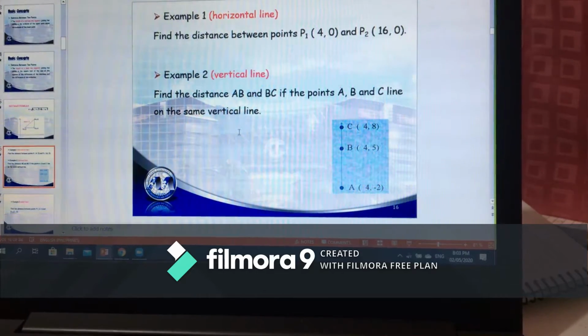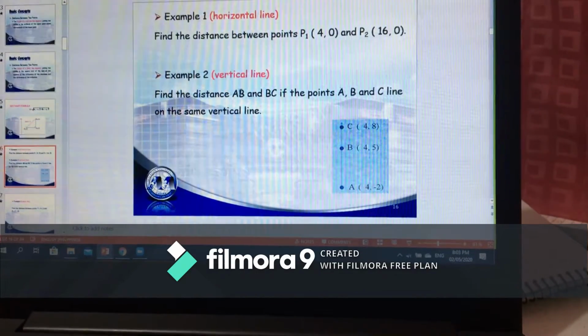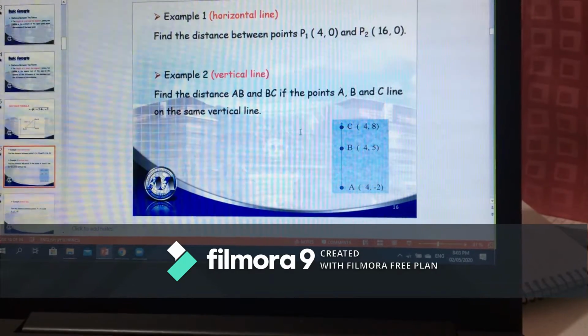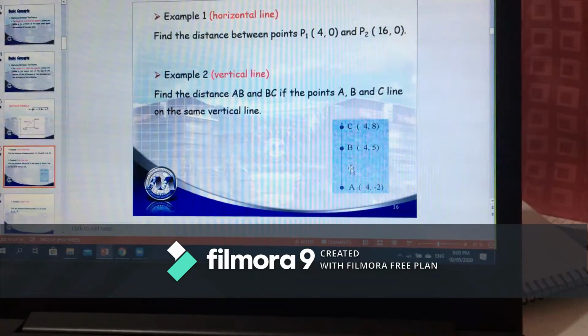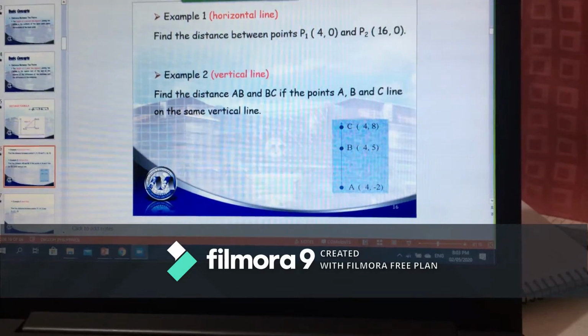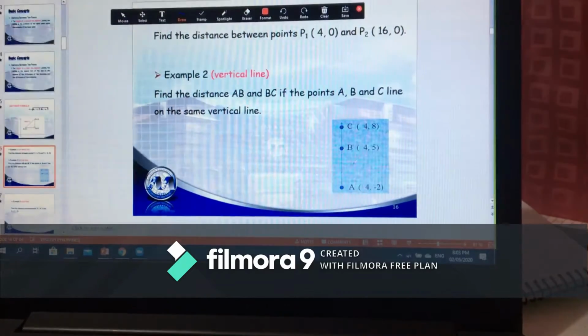You have seen already the solution there. So now for the vertical, the distance from A to B.